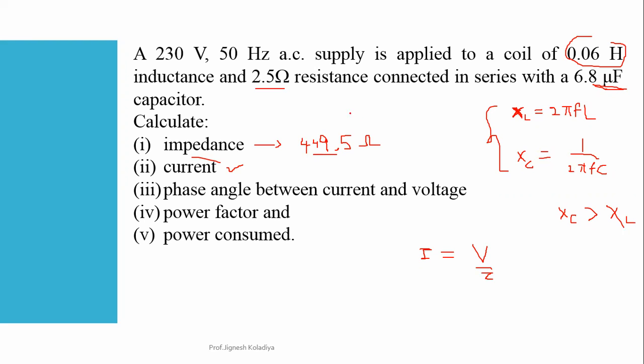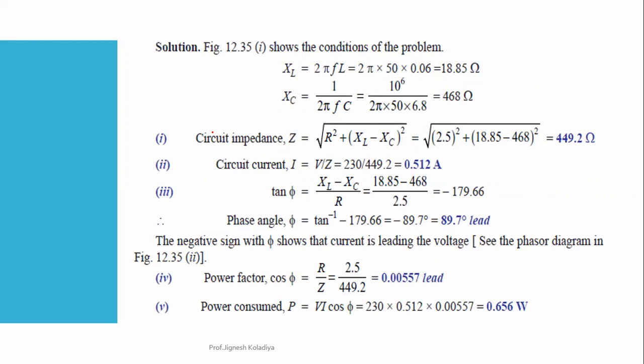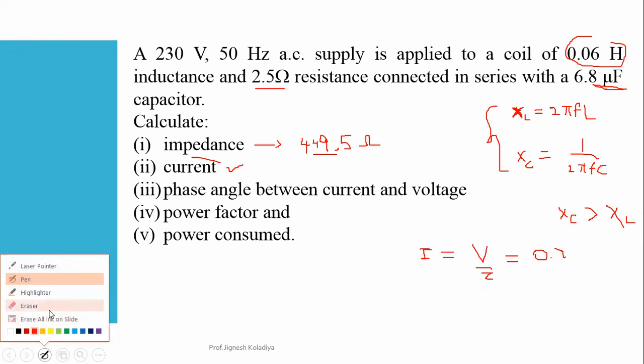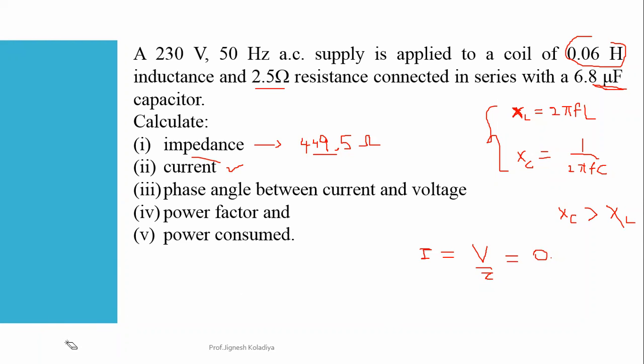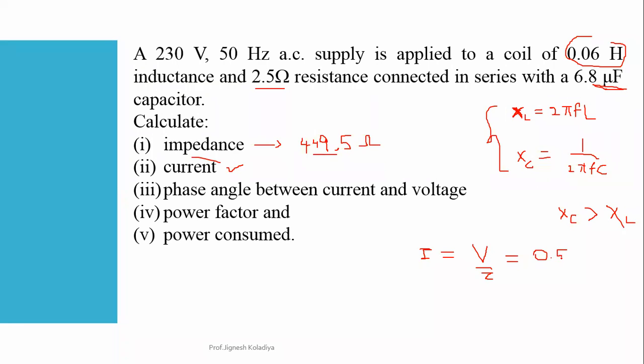So you will get the value of current 0.512 ampere.